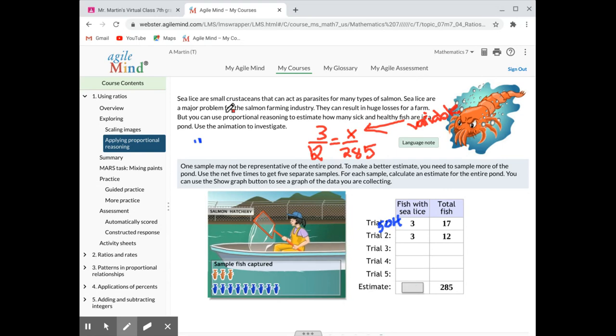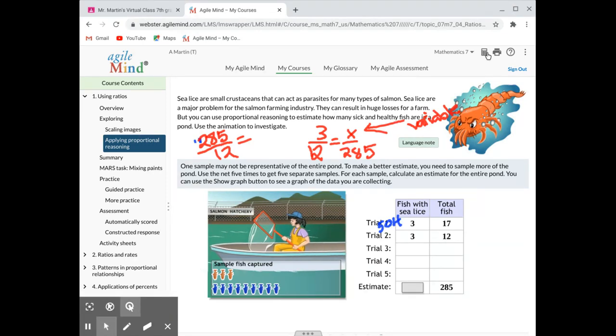What do we need to do? Multiply scale factor times 3. Yeah, but right now we don't have our scale factor, right? Oh, we find a new scale factor? Correct. So we got to find our scale factor by doing 285 divided by what? 12. Good.